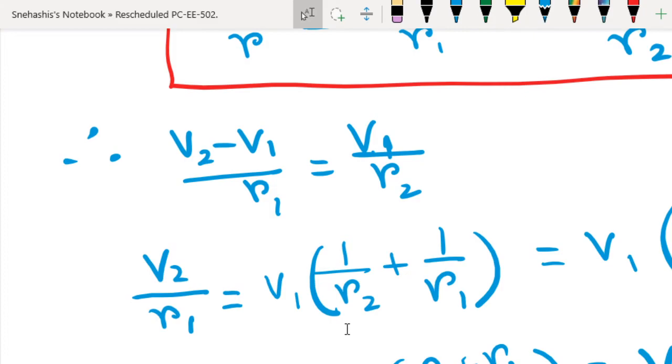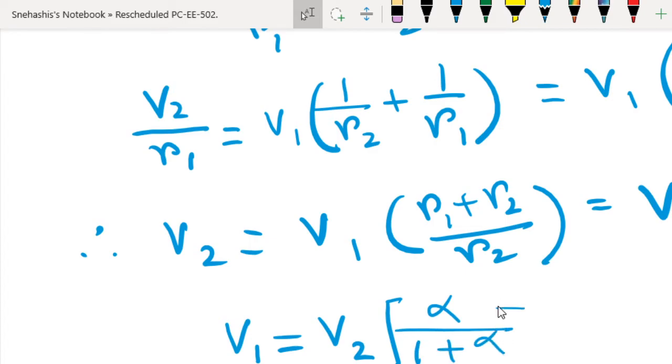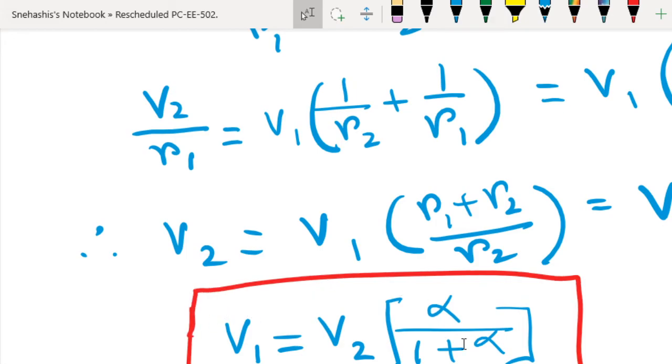So if we want to express V1 in terms of V2, that will be V1 equal to V2 into alpha by 1 plus alpha. Okay, remember this as an equation. Let it name expression A.